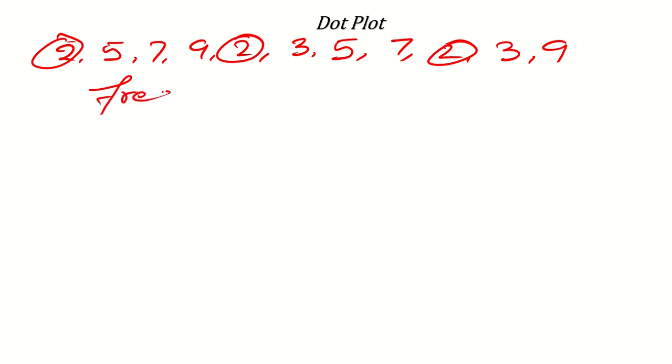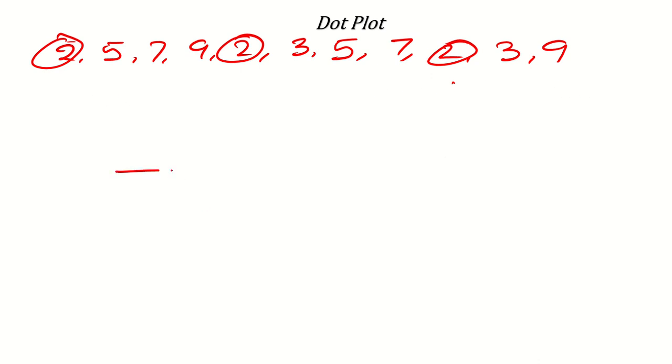So the frequency of 2 is 3, meaning how many times 2 is repeated, how many times 2 is written. This is called frequency, the number of repetitions. Now after finding the frequency, we can easily draw the dot plot.